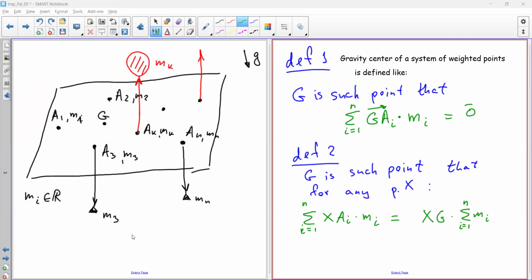So we can change dealing with the bunch of these different vectors and the corresponding masses to dealing with such a vector, the vector to the gravity center, and the total mass. So for some situations, that will mean that we may just change the entire system with the mass concentrated in the center.